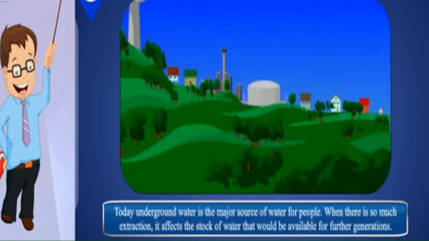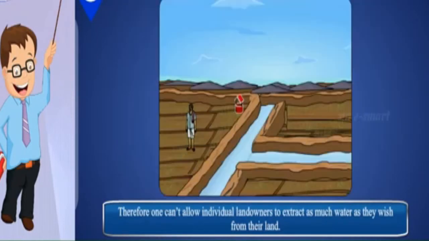Today, underground water is the major source of water for people. When there is too much extraction, it affects the stock of water that would be available for further generations. Therefore, one cannot allow individual landowners to extract as much water as they wish from their land.